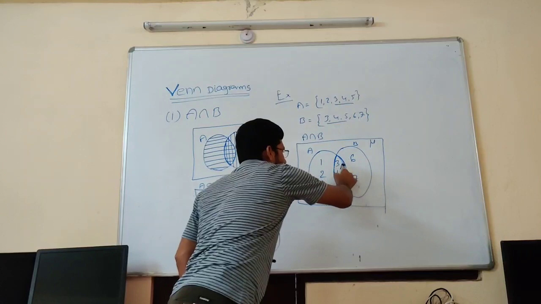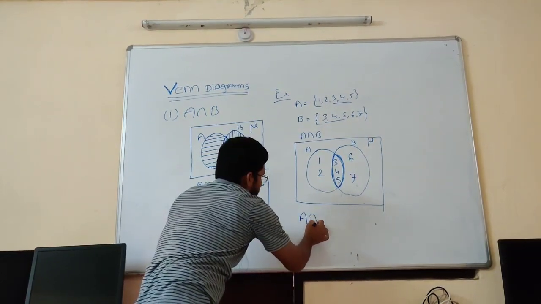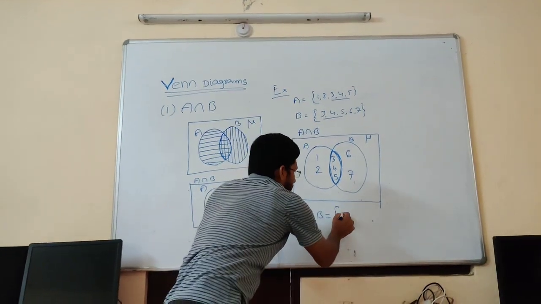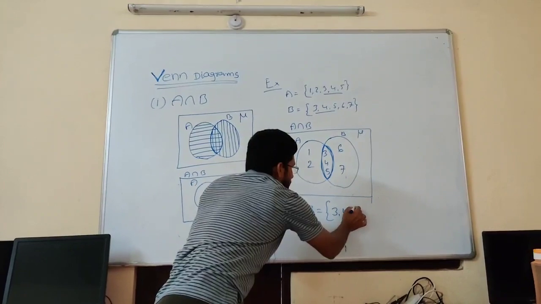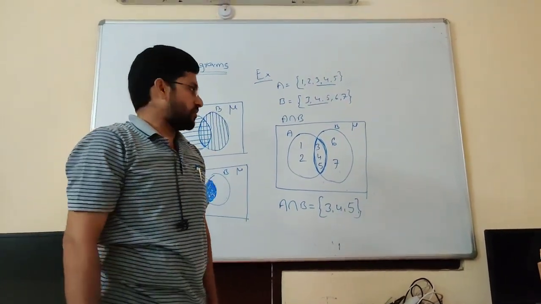That is A intersection B. So you can write here A intersection B is equal to the set of 3, 4, 5. Understood, children?